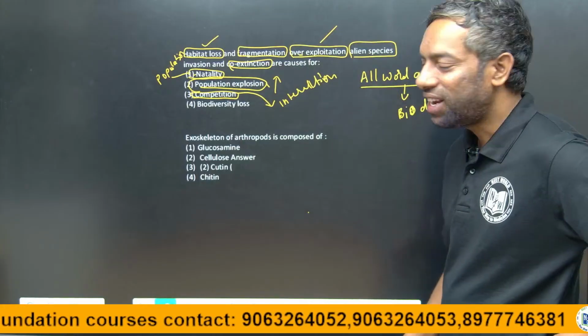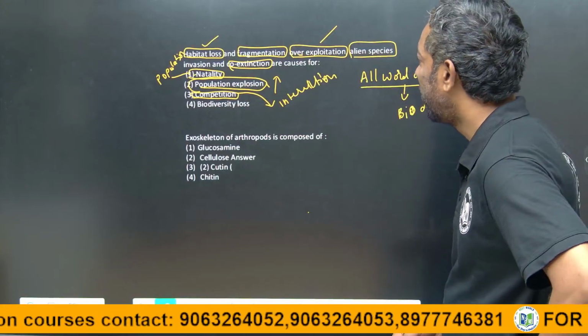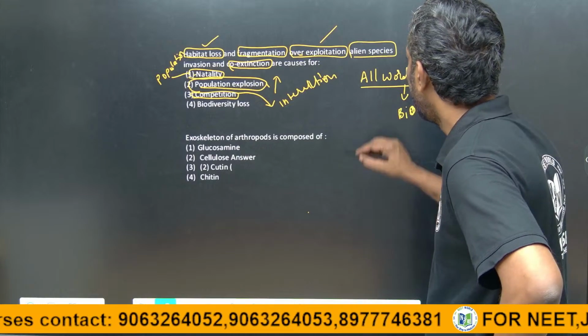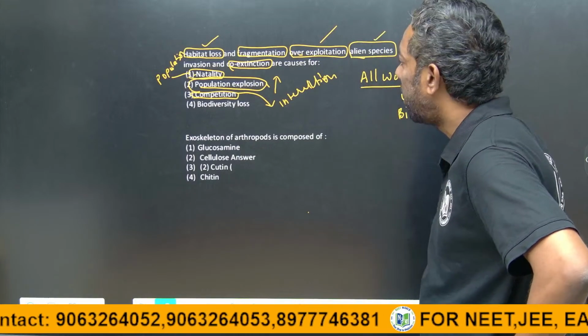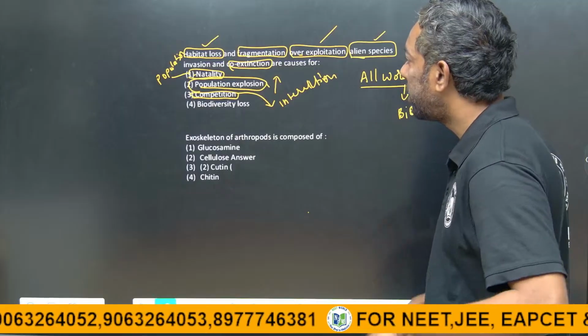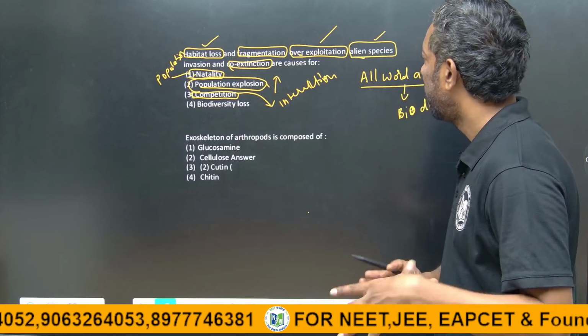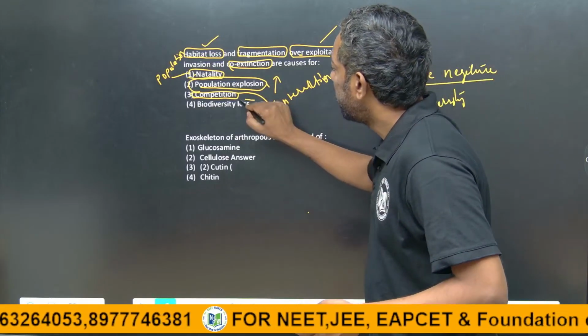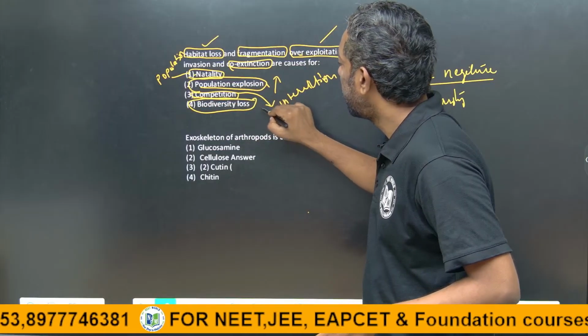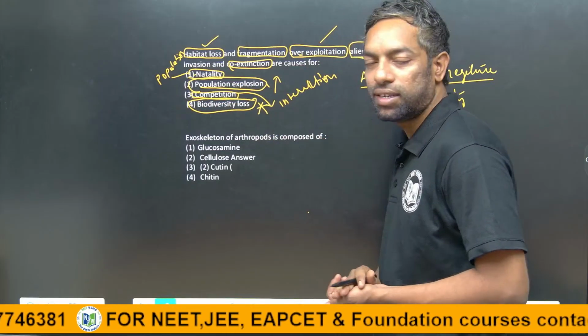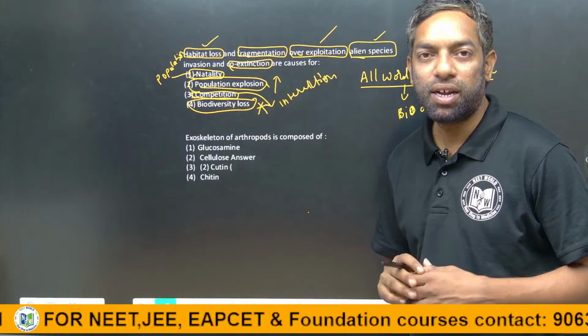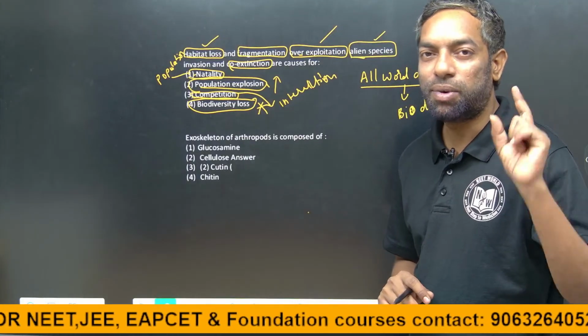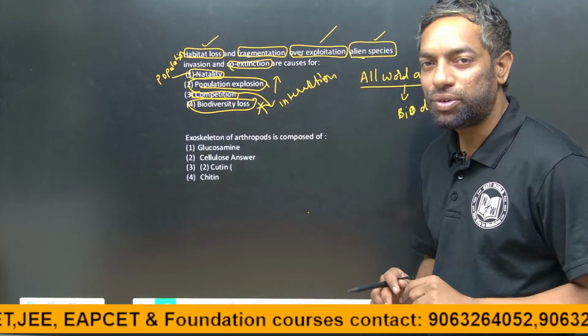Can anybody over exploit a population? No, a population can never be hunted. The alien species, of course, can affect the population, but only certain species. Okay. Biodiversity loss is the absolute answer, guys. Very easy question from the topic biodiversity. It is a small topic, but there is one question in the NEET.